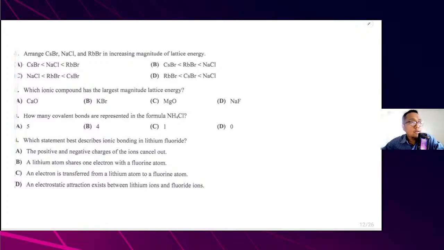Okay, so the first question: arrange CsBr, RbBr and ACLRBPR in increasing magnitude. Okay, we need to know first which one is the smallest.